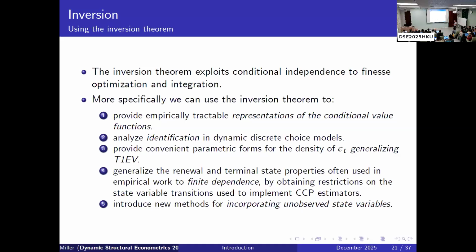And to some extent, we can also deal with state variables by using this method. And there is, even today, just a job market paper.